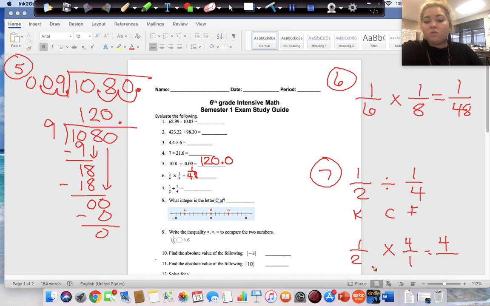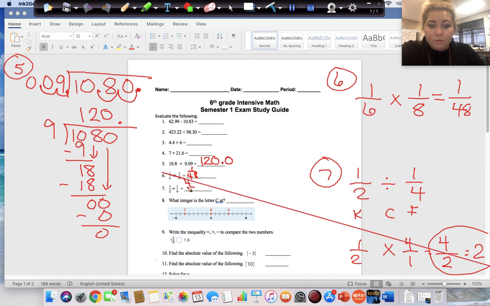So 1 times 4 is 4. 2 times 1 is 2. You can either leave it as 4 over 2, or you can divide 4 divided by 2, which equals 2. Either one of these would be correct on the semester exam. I would take either one of those as answers. So 4 over 2 or just 2 would be correct.